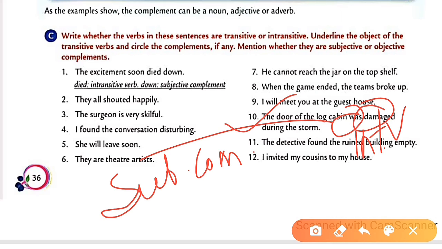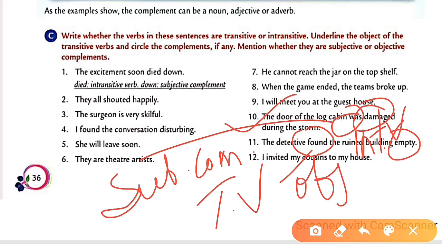Next, number 11: the detectives found the ruined building empty. Okay, so what is the verb? Detectives found, found is a transitive verb, TV. And empty is which type of complement?